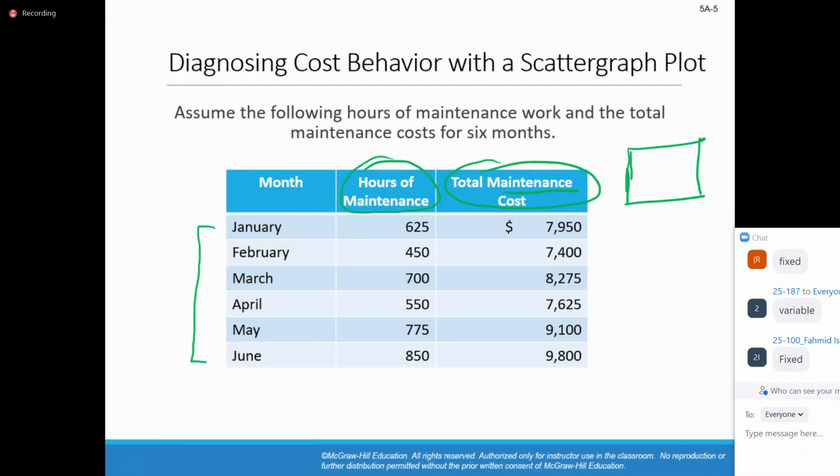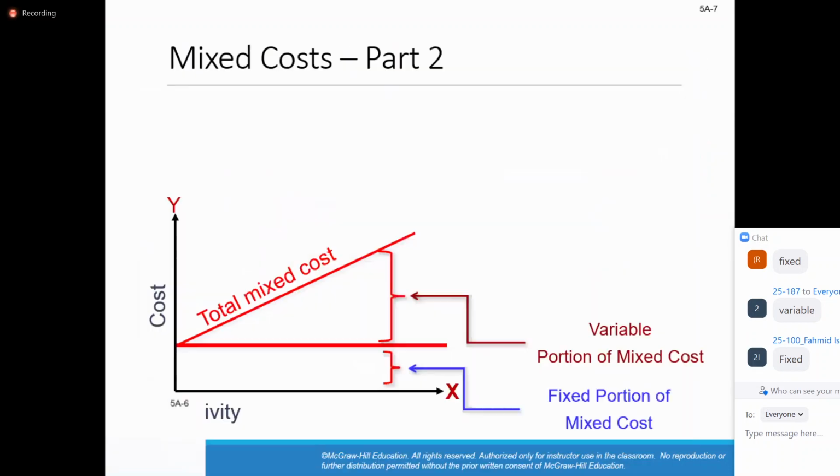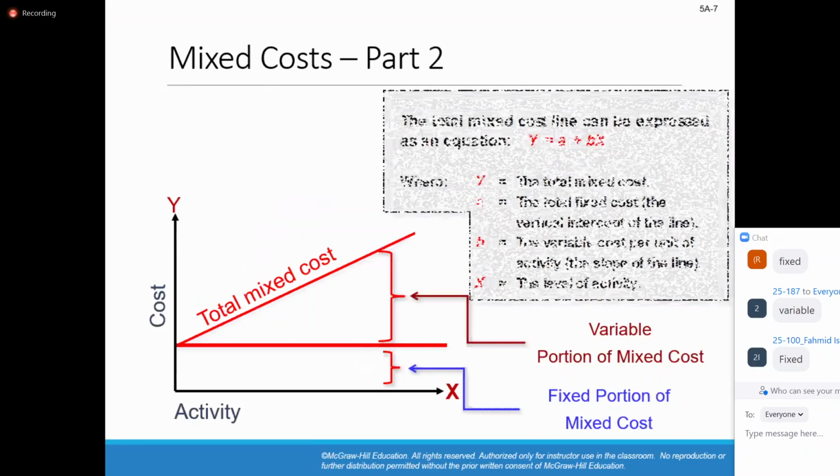So what do you think? This cost, what I mentioned in the last few seconds, is likely to be fixed or likely to be variable?